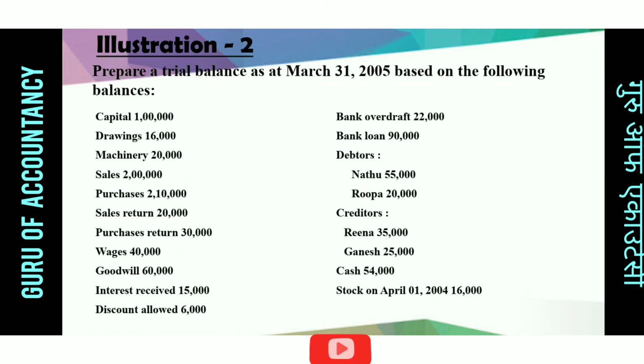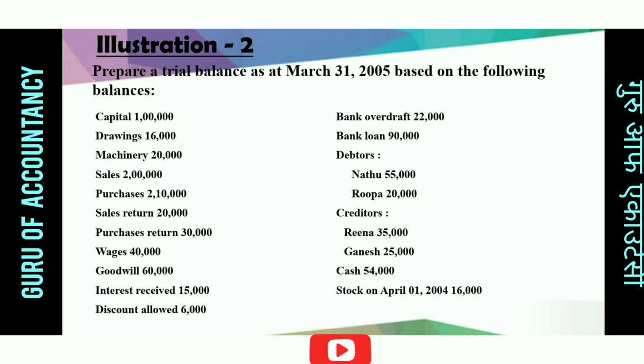See the illustration number 2. Prepare a trial balance as at March 31st, 2005 based on the following balances. So here different balances are given, ready-made balance are given. These are taken from the ledger account. We have to show them in a statement.